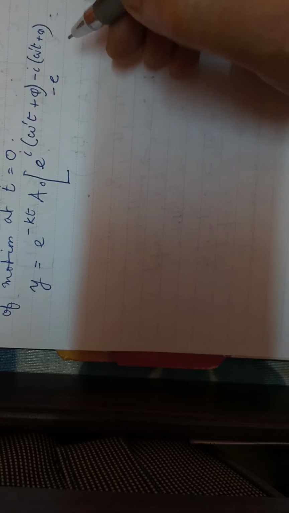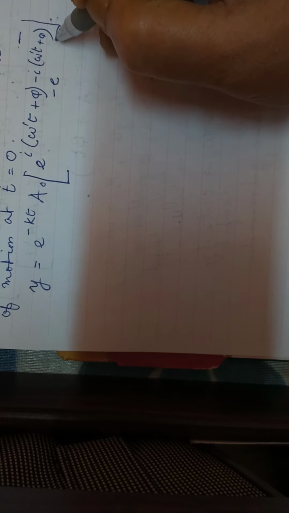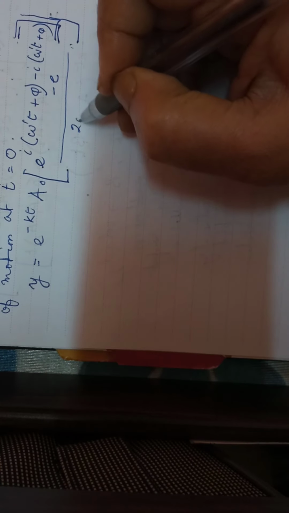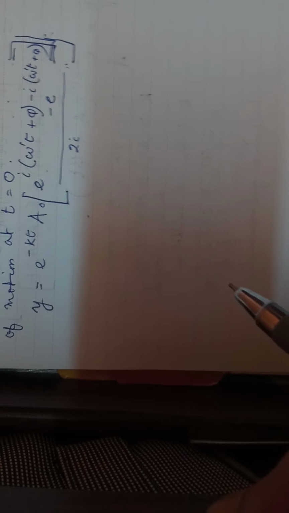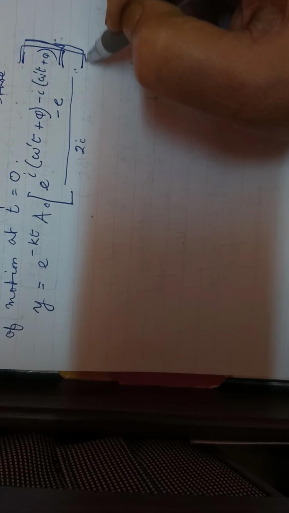So the second bracket gets closed, and the whole thing should be divided by 2i. So that's what we get over here.